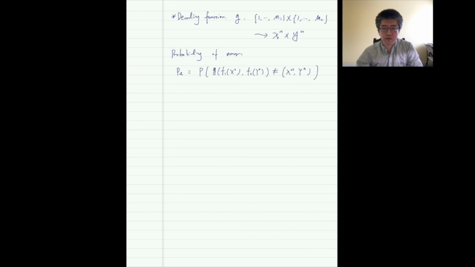This is kind of the average probability of error, okay? And we say that a rate pair, R1 and R2, is called achievable if the rates achieve R1 and R2 as n goes to infinity and the error goes to 0, right? Basically, that's the definition.